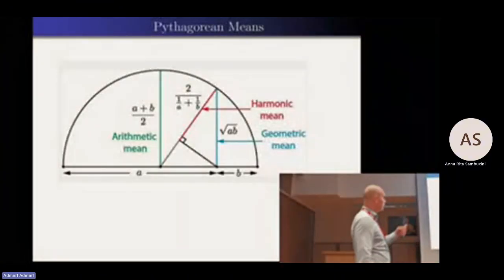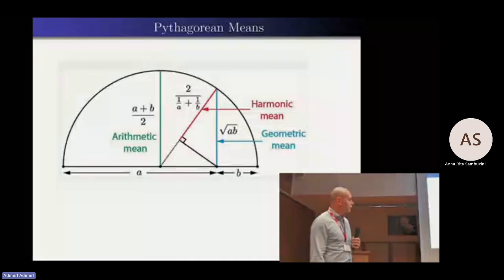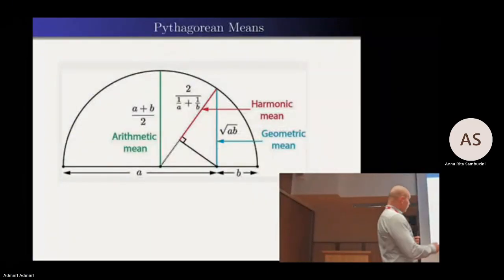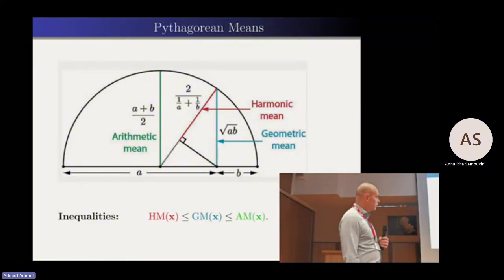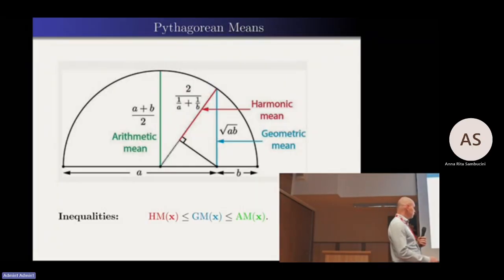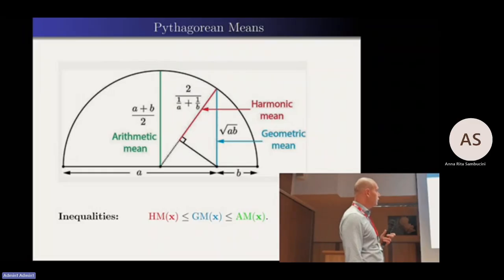As you can see, here is some nice graphical interpretation of these means, and as you can see directly from this picture, there is the well-known AG inequality, which is known in this way. So these are probably the best-known means or averages which are used.